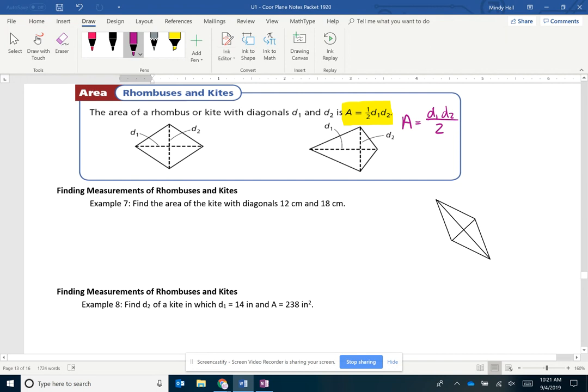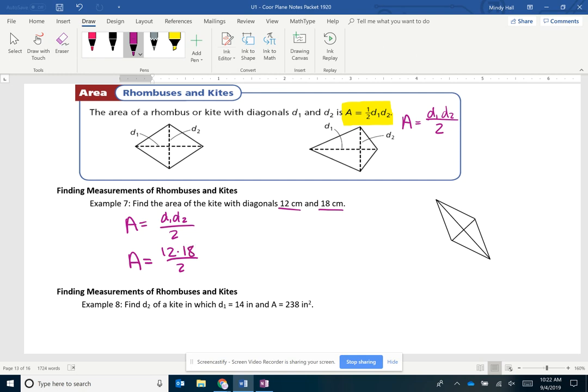So with this kite, we have diagonals of 12 and 18. So my area is going to be my diagonals divided by 2. So my diagonals are 12 times 18 divided by 2. That 18 does not look like an 18. Okay, that's mildly better.